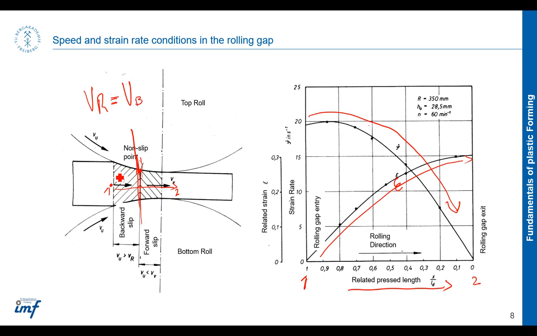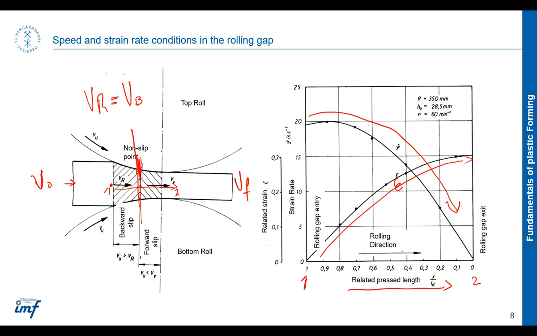But before this, because it has a certain V naught initial velocity and this has certain Vf final velocity, this initial velocity is slower than the velocity of the roller here, and this final velocity is higher than the velocity here. And that is how the rolling process goes on, because this is fixed but this is slower and this is faster.